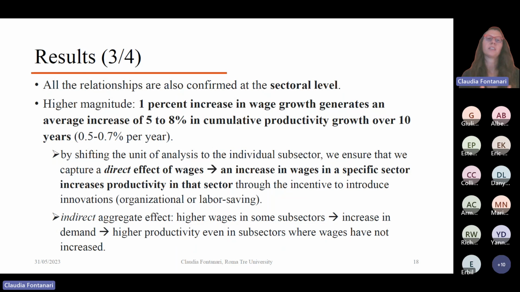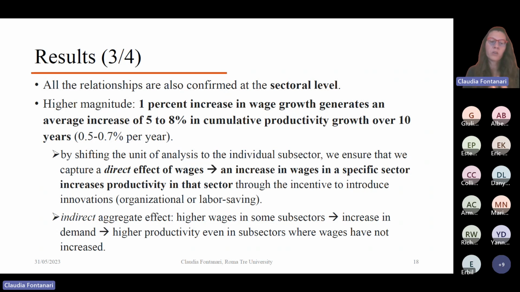Why it is important that we found confirmation of the relation not only at the country but also at the sectoral level: because when we work in aggregate, an increase in wages in some sector may determine an increase in demand, which in turn causes higher productivity also in subsectors where wages have not increased.